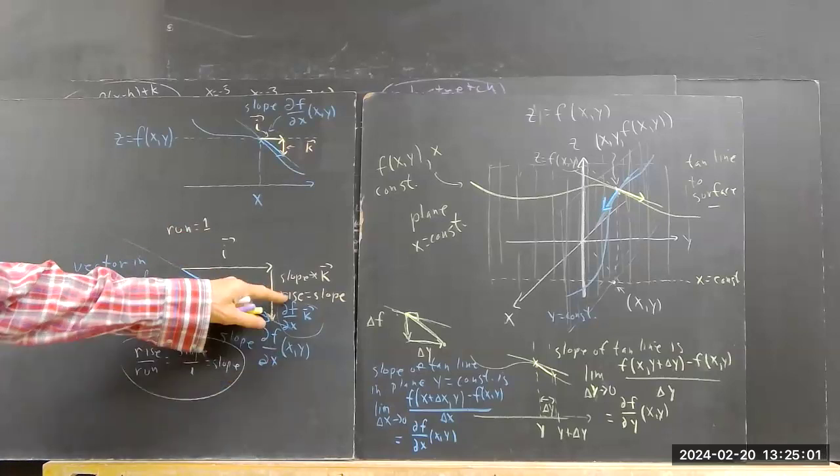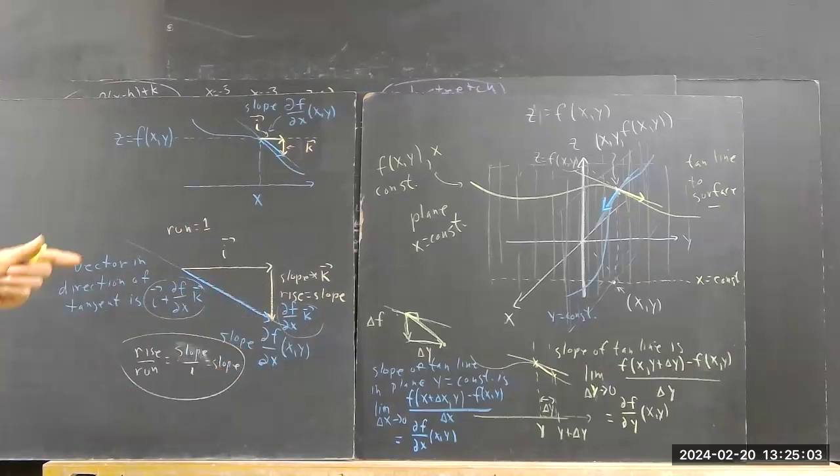It's I plus the partial of f with respect to X times K.